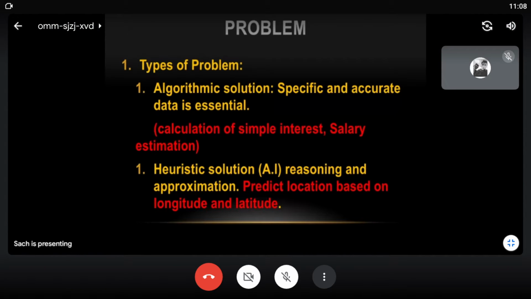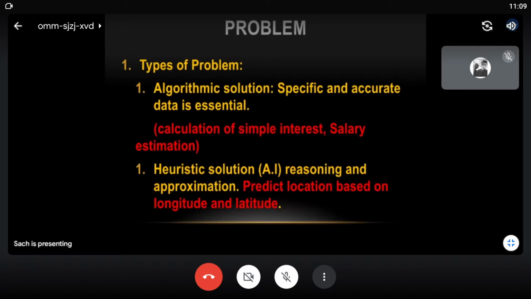Okay. So where algorithmic solution is concerned, we think simple, that it is step by step execution of a generic model of a program where we need some specific and accurate information for executing algorithmic solutions.